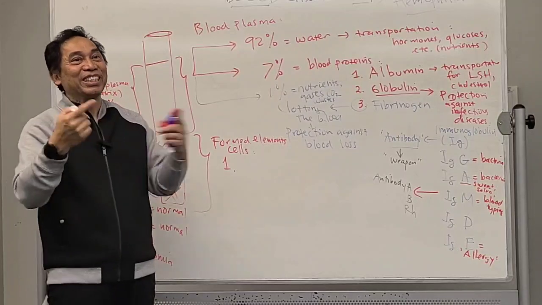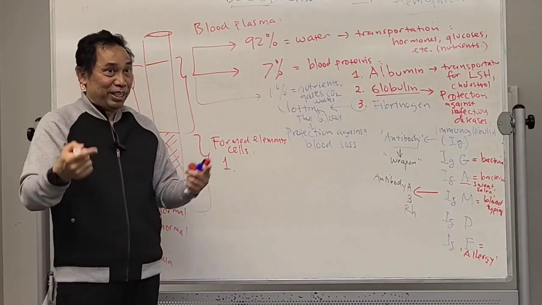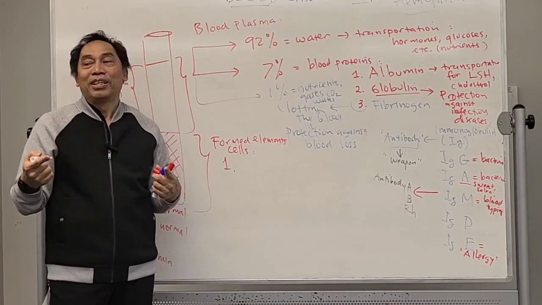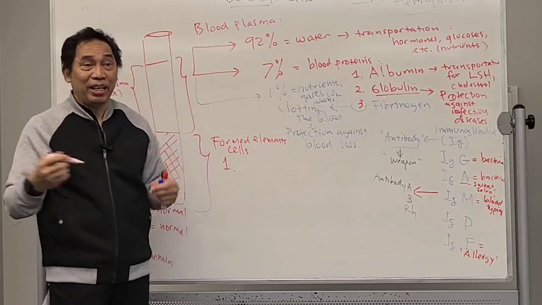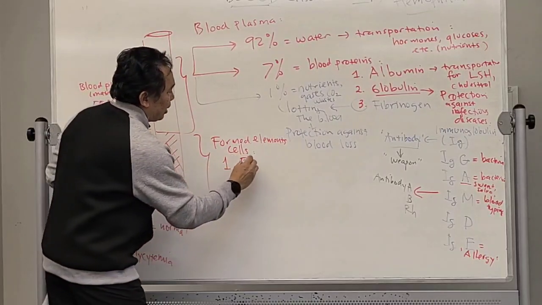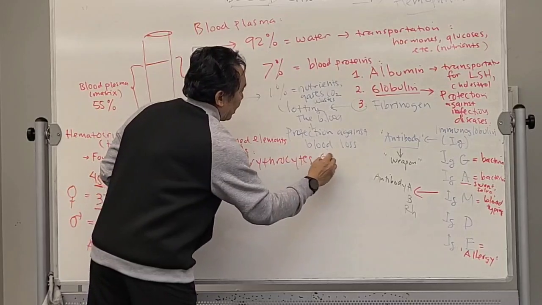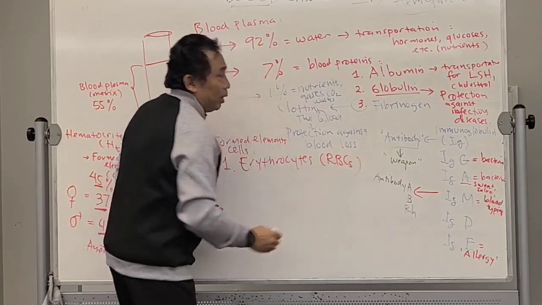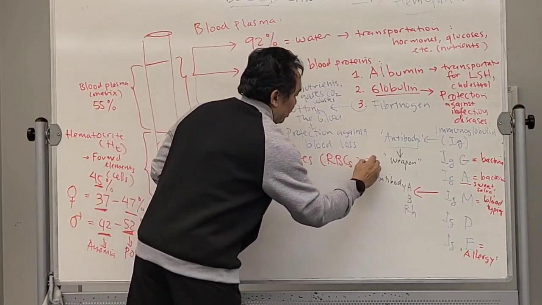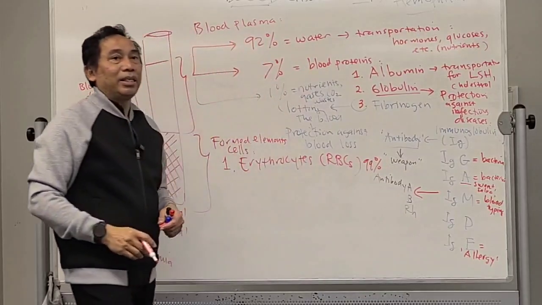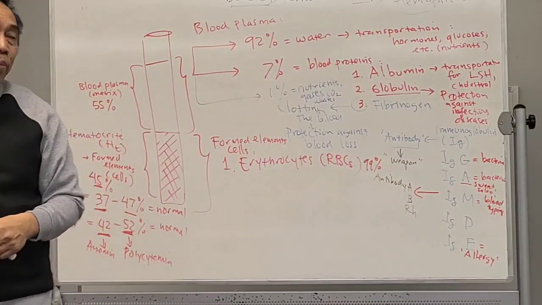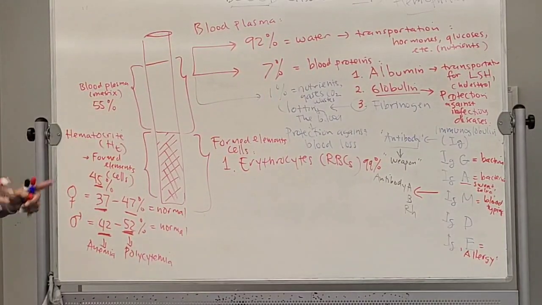What is the scientific term for the red blood cell? It's called the erythrocyte, which is the red blood cell. And this is 99%. 99% of the cells in our blood are red blood cells.